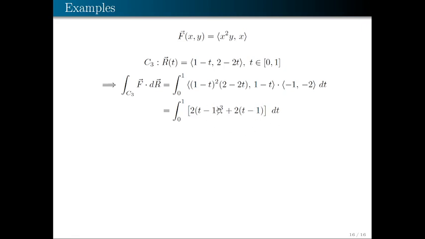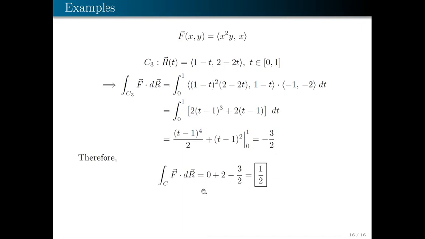Then evaluating that integral, we'll get this. Next, evaluating that from 0 to 1, we get negative 3 halves. And lastly, to get the integral of f dot dr over curve C, we just add the three values that we have: 0 plus 2 plus negative 3 halves. And the total work done in moving the object along C by f is given by 1 half. And there you have it.